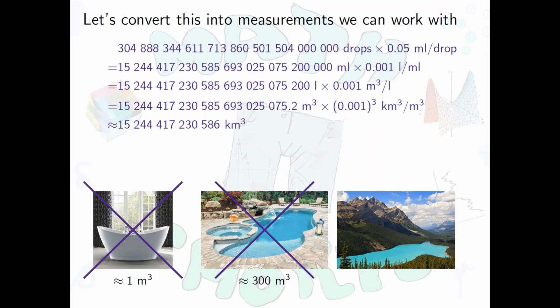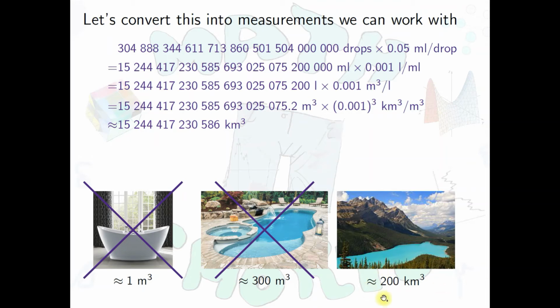And if we look at a lake, even a large lake might be 20 kilometers long, 10 kilometers wide, not a kilometer deep, but if we look at that, 200 cubic kilometers might be a reasonable estimate for a biggish sized lake. Maybe the Great Lakes are larger than that.